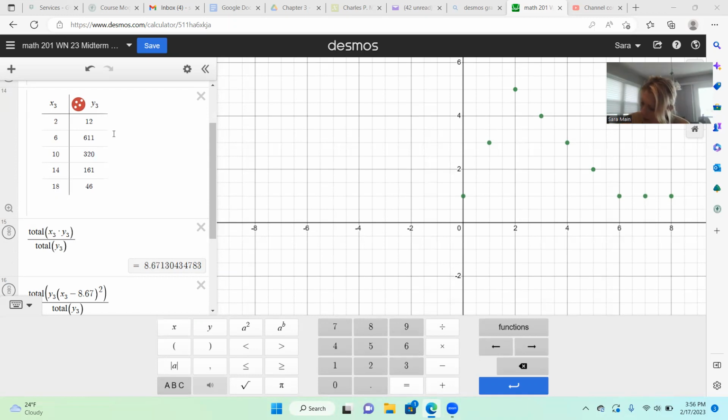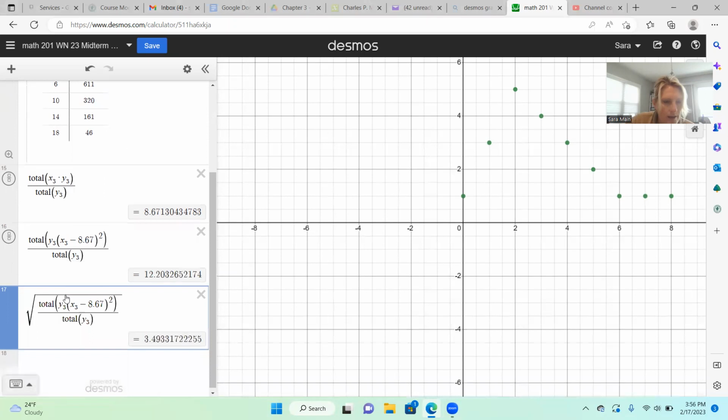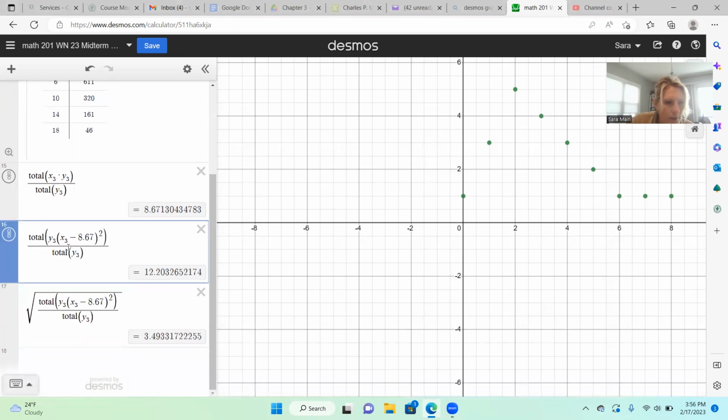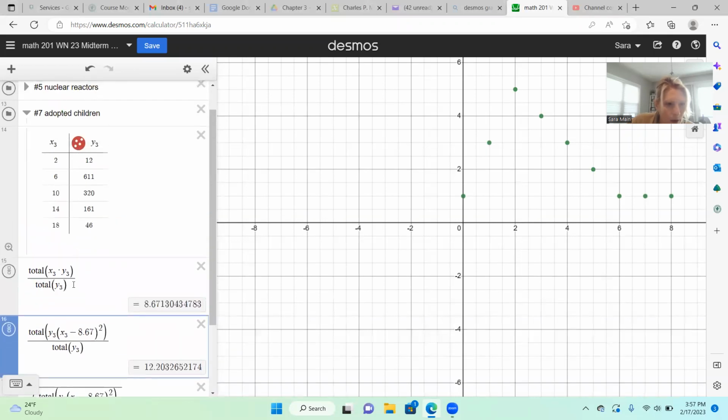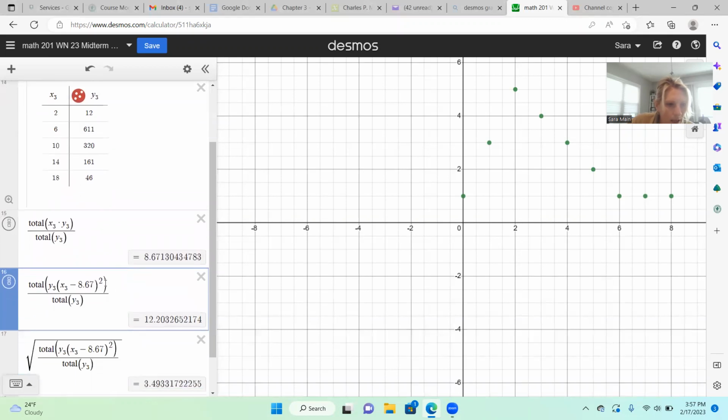8.671. And then the standard deviation and the variance. So I did the variance first, that's right here. And that is using that formula where we're taking the deviations right here, X3 minus, I have to hand type the mean 8.67, and I'm going to square those and then multiply by the frequency column of Y3, and totaling adds those up.